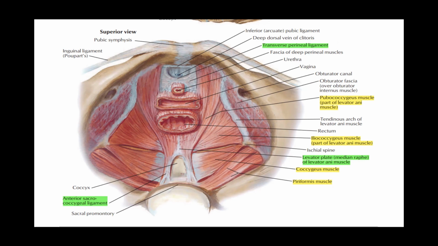They also play a role in keeping the uterus in an anteverted, anteflexed position. So they play that role in supporting the vagina, the rectum and the urethra. We've come to the end of this revision, which is a picture-based revision.